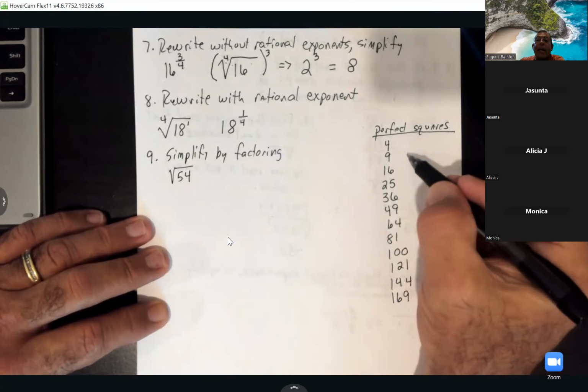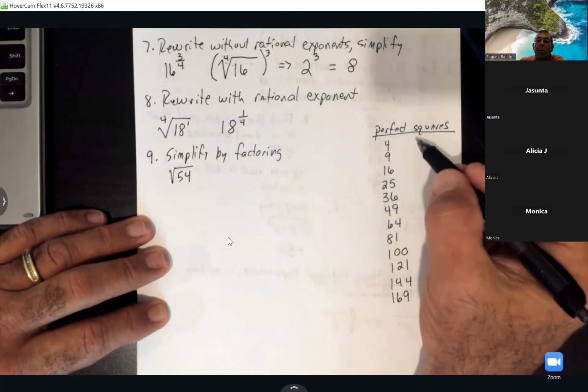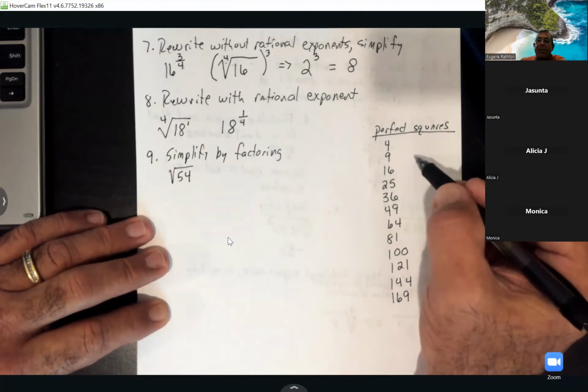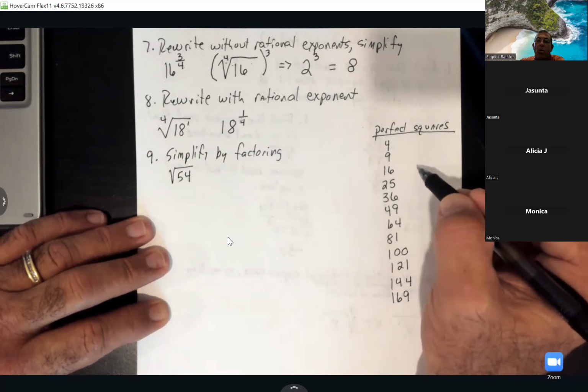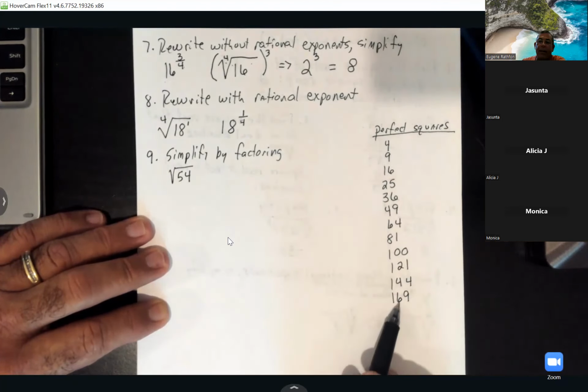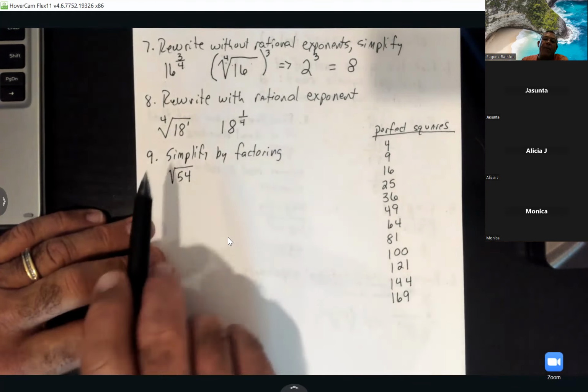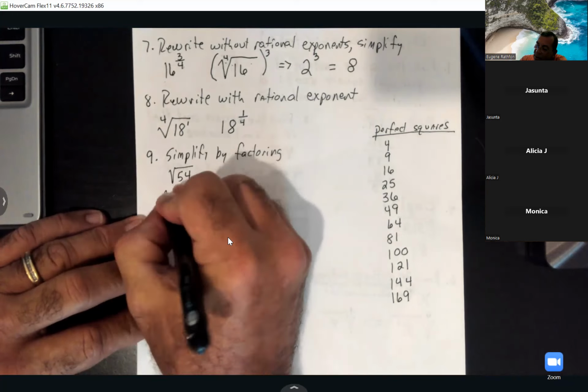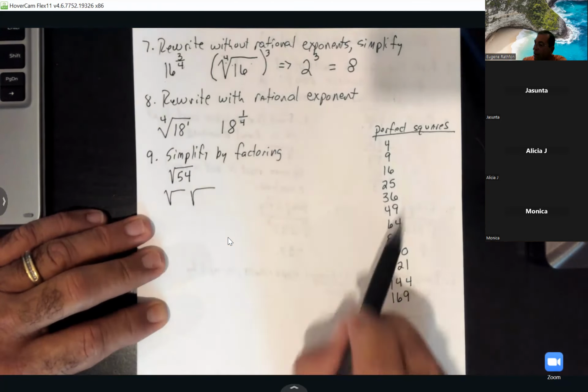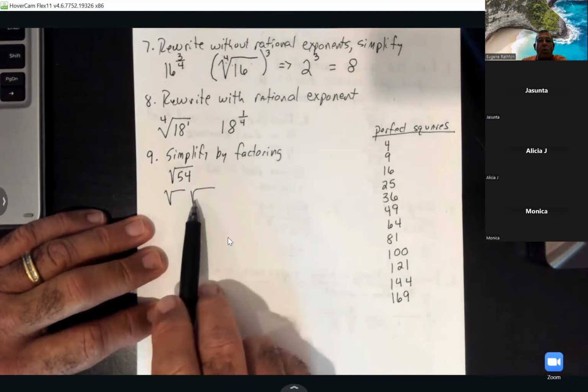Perfect squares are numbers that have square roots. Square root of 4 would be 2. Square root of 9 is 3. Square root of 16 is 4, and so on. And I did it all the way up to 169, which has a square root of 13. But when I'm simplifying these radicals, I want to find perfect squares.